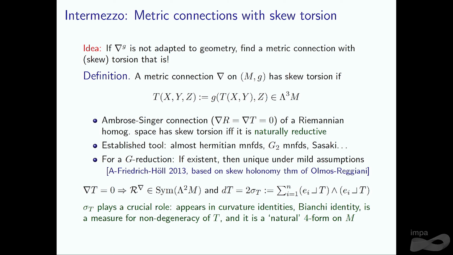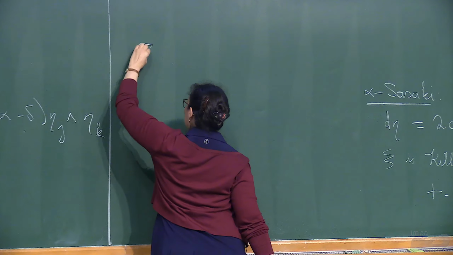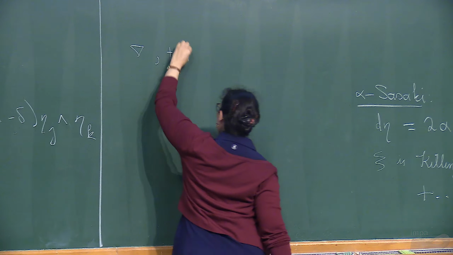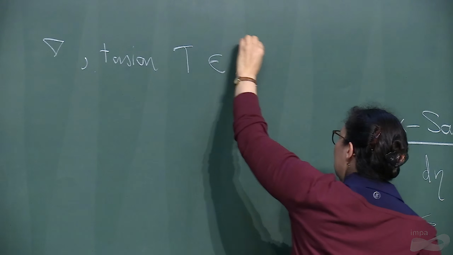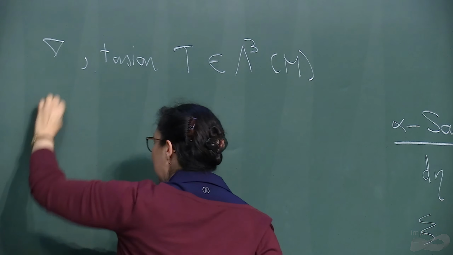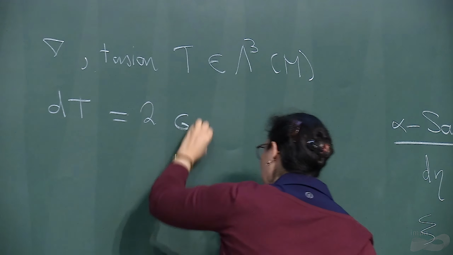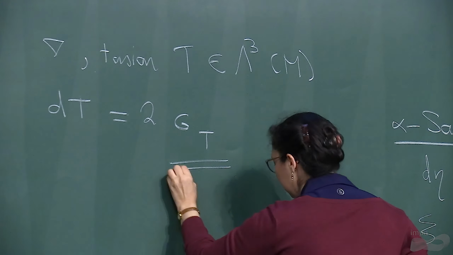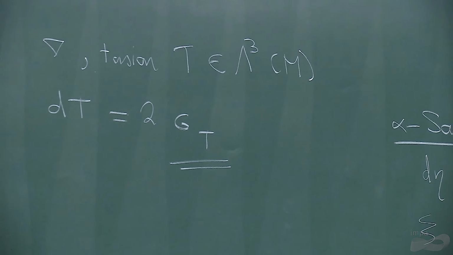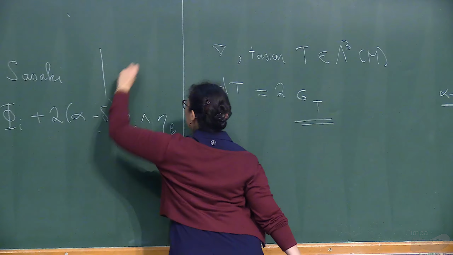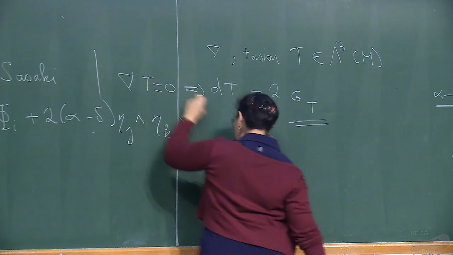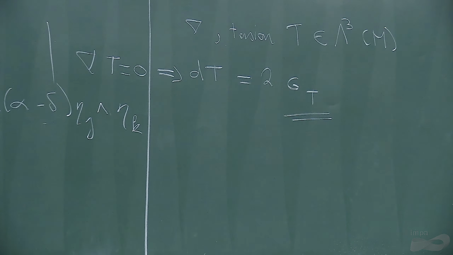And so let's write that up. So we have a connection nabla with torsion T in the 3-forms, and then dT is equal to 2 sigma T, which is the important 4-form to look at, of course, only if lambda T is 0. Okay, good. So parallel T plus closed T. Parallel and closed implies degenerate.